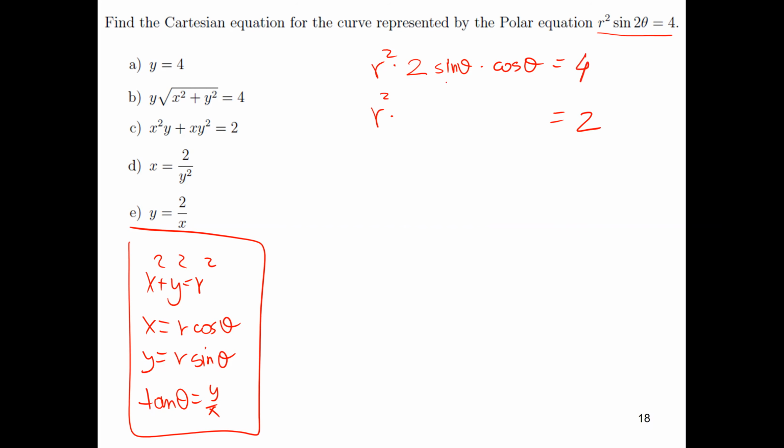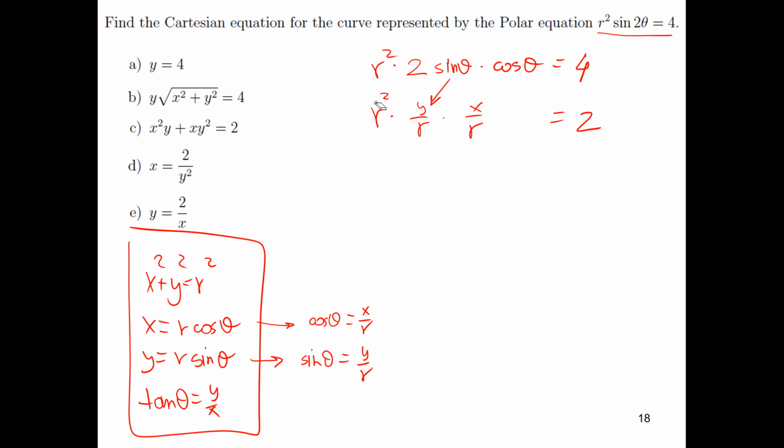Sine theta is equal to y over r, and cosine theta is of course x over r. This one is y over r, this one is x over r.